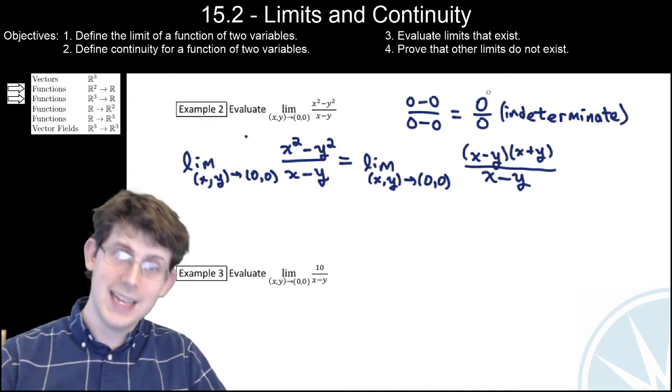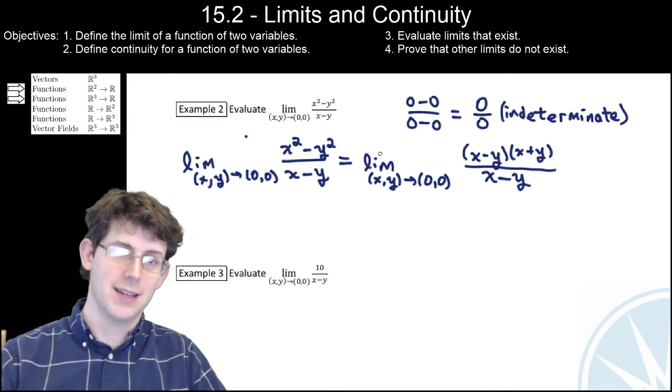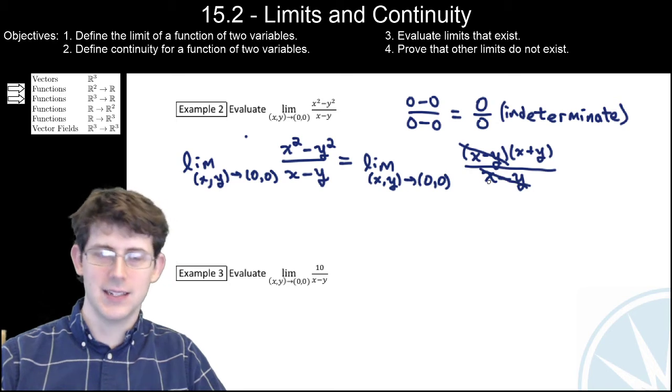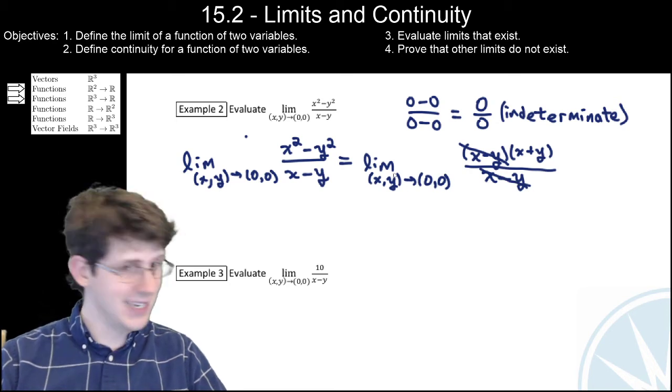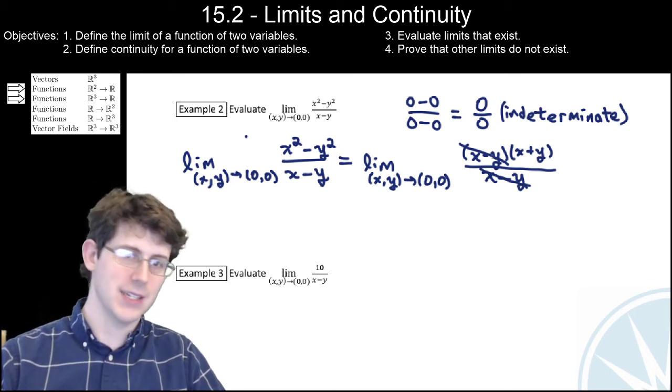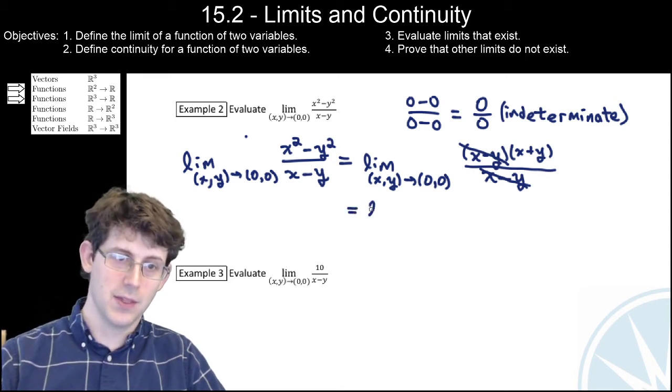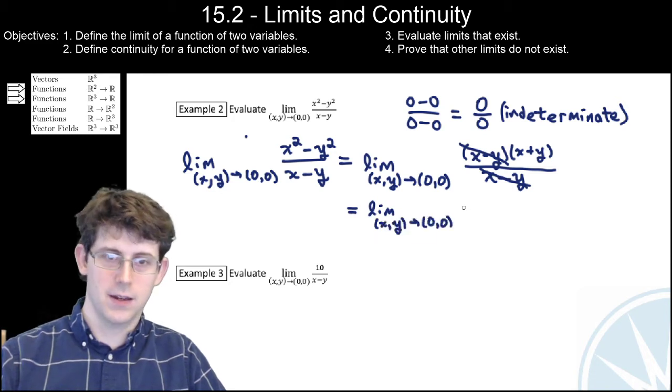Normally you can't cancel 0 over 0 and get 1, but inside a limit, you're fine to do that because the limit doesn't care about any one point. This is not a point that we care about inside the limit, so we're able to actually divide these. So now we end up with the limit as (x, y) approaches (0, 0) of x plus y.